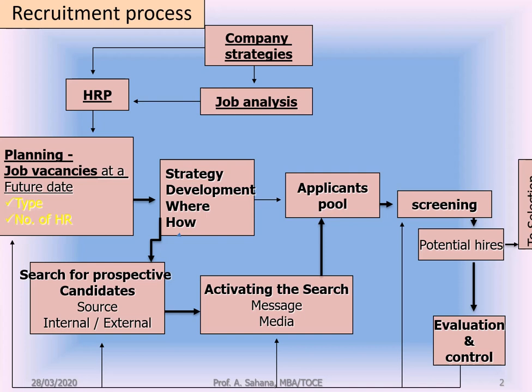That is, what would be the job positions that could fall vacant at a future date, and how many of these positions will fall vacant. That is what is meant by type and number.